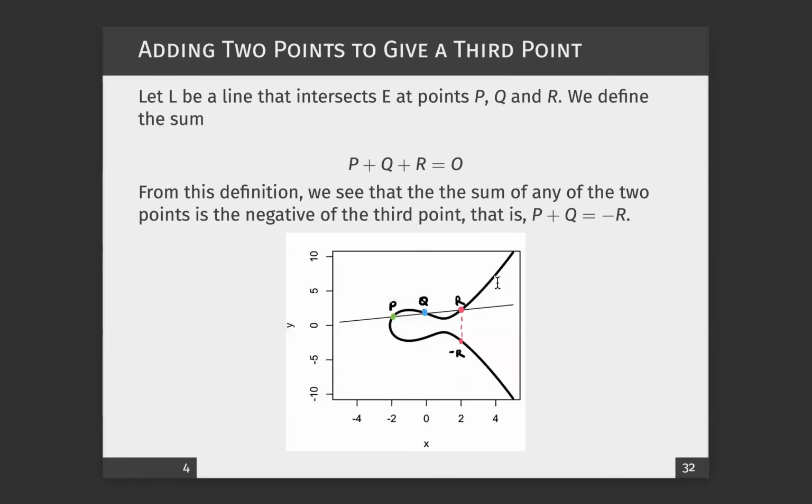Okay, so now suppose we have a line that intersects E, where E here is the elliptic curve. So we have a line that intersects the elliptic curve at points P, Q, R. Now we define the sum of P plus Q plus R to be equal to the point infinity, 0.